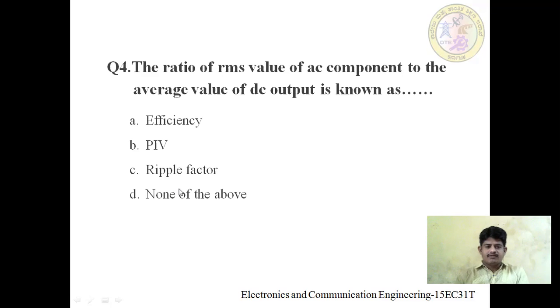We know that ripple factor deals with the amount of ripple present in the rectifier output. The question is dealing with the same: the AC component, that is the RMS value, to the average value of the DC output. So it suits the ripple factor. This seems to be the correct answer. The last option is none of the above. Since it is correct for the ripple factor, the answer for question number 4 is C, ripple factor.